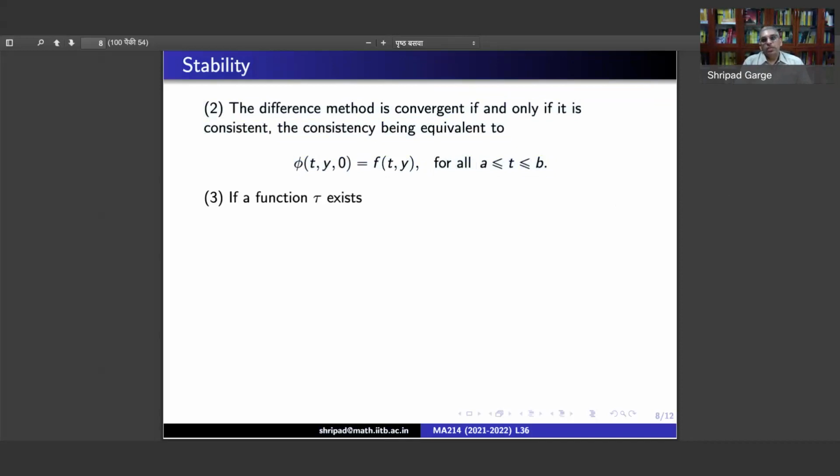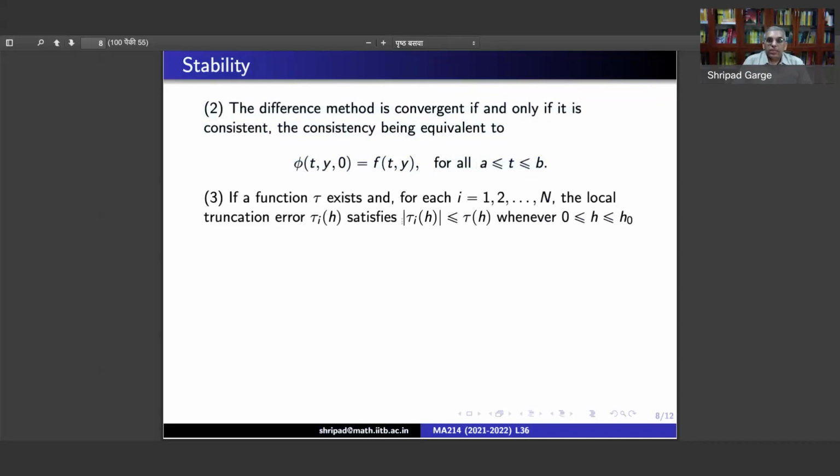If you have a function tau such that the local truncation errors are bounded above by tau(h) in that range 0 to h_0, then the global error is less than or equal to tau(h) upon L times e to the power L(t_i minus a).